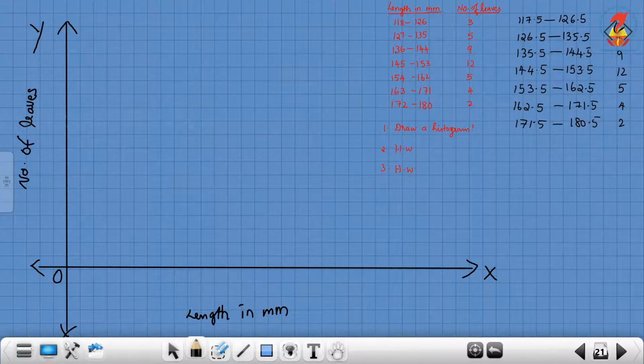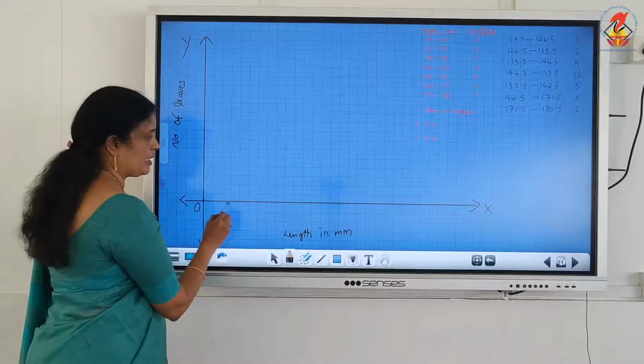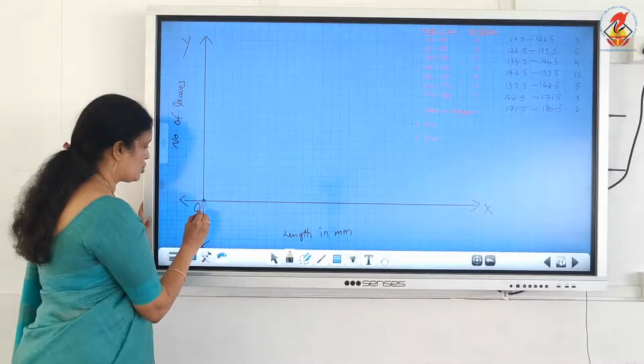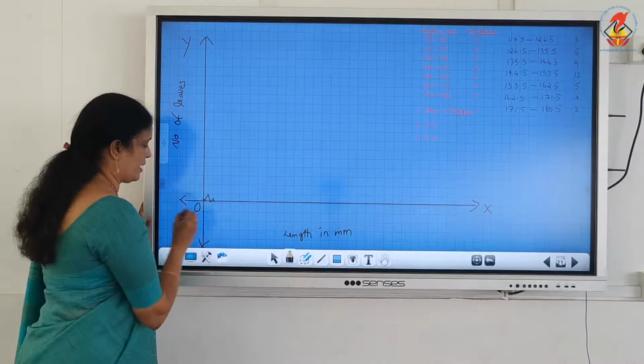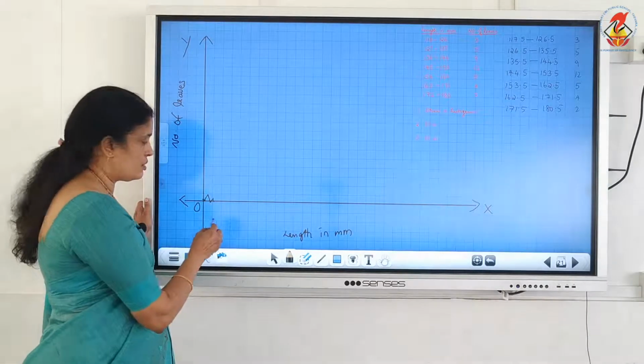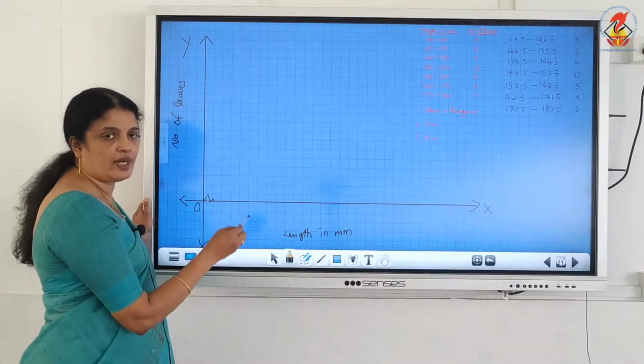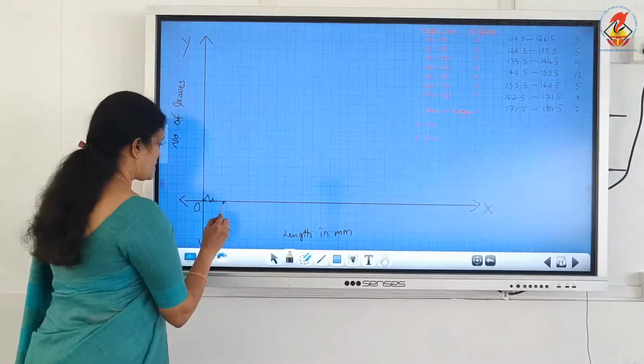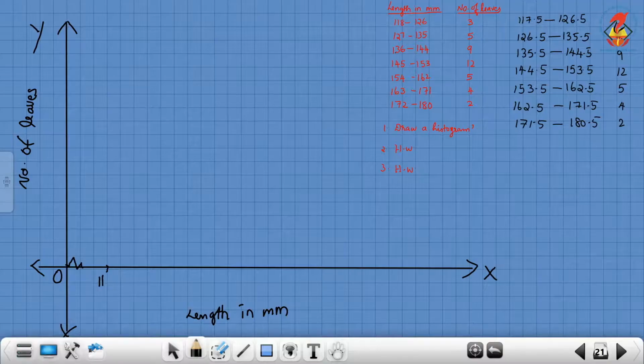Here first 0, then 117.5, and in between there are so many numbers. At that time you should just draw a zigzag line showing that there are many numbers in between 0 and 117.5. Next write 117.5. Next 126.5. Here 126.5. You leave two lines.